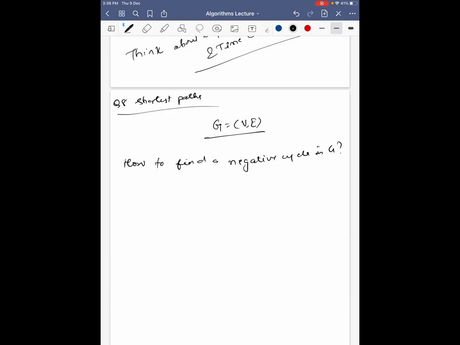Okay, so do you know that Bellman-Ford can be used to detect negative cycles in a graph? Yes, Bellman-Ford, sorry, not Dijkstra. Bellman-Ford runs for n iterations. One more iteration of Bellman-Ford will let you know whether G contains a negative cycle or not. So look it up. Use Bellman-Ford.